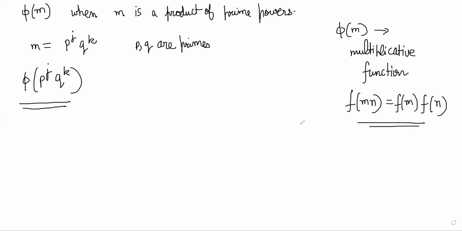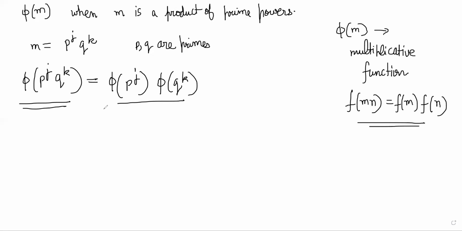So phi of p power j q power k will be equal to phi of p power j and phi of q power k. This is a statement right now. We will prove it. For now, let's just check it for some small values.